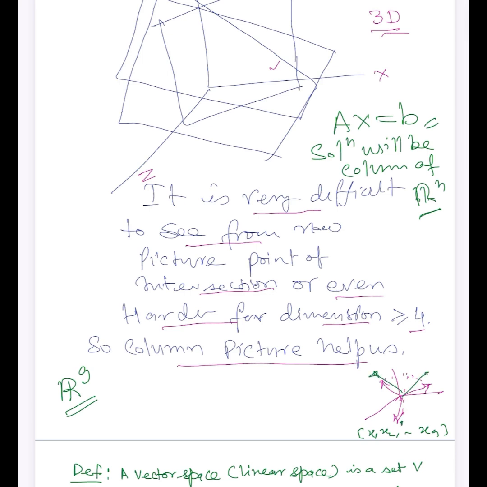So there are 9 vectors, 9 equations, and then you are going to see how they meet on some plane or some point, which is very easy to visualize. The solution will be the column vector of R9. Okay, so now R9 is the vector space.